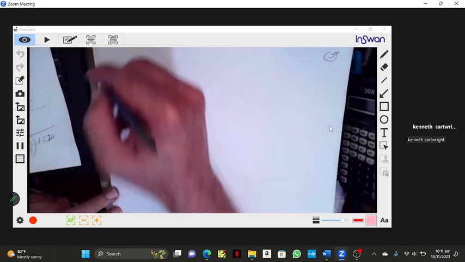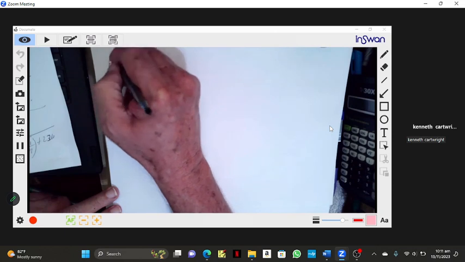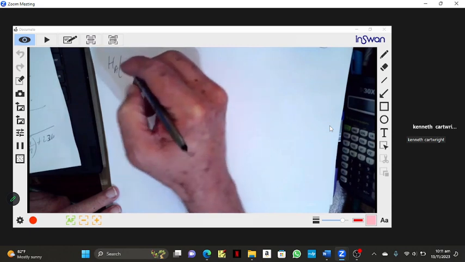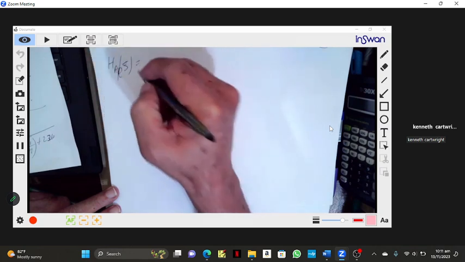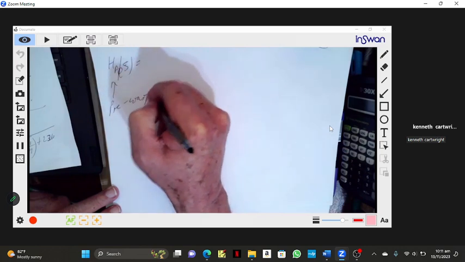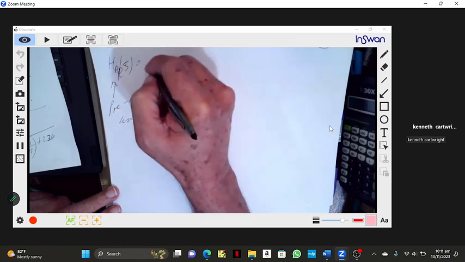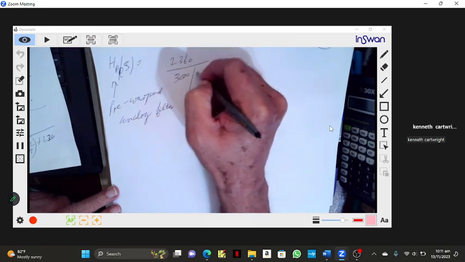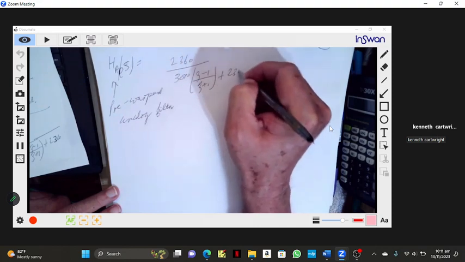Okay. So let me just repeat what I'm trying to do here. I have now my pre-warped analog filter, H of AP, which is now 2360 over 3000 times s minus 1 over s plus 1 plus 2360.